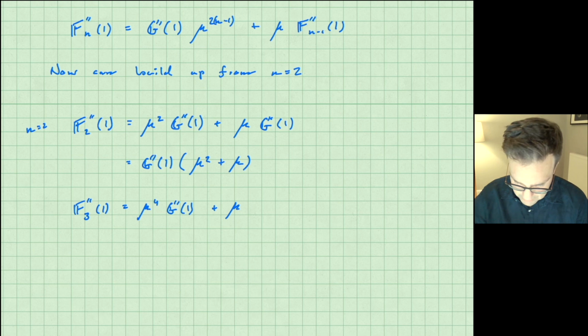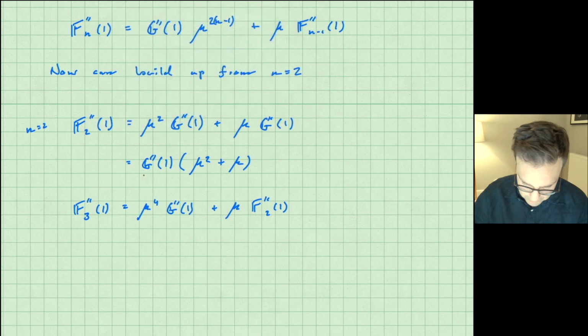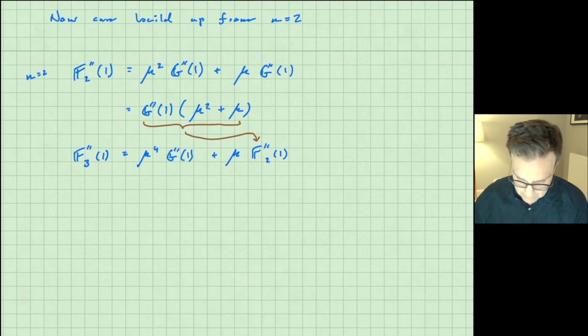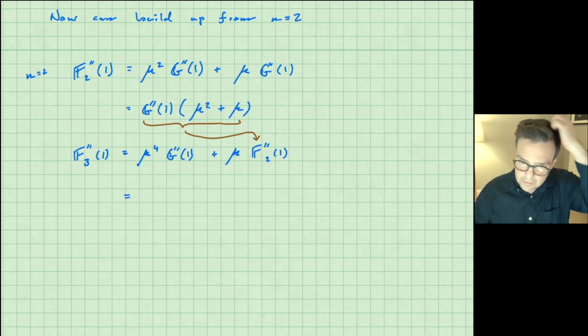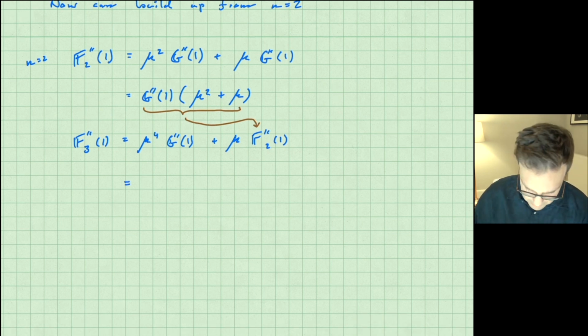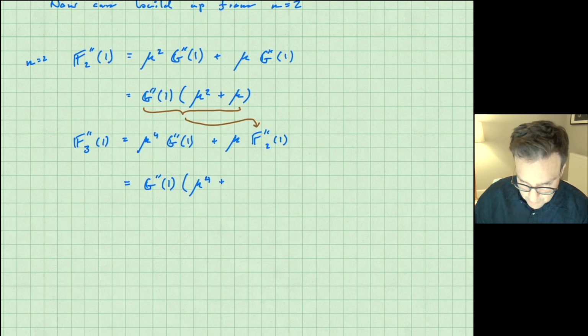So I've got f double prime of 2 evaluated at 1, and we're going to substitute this into there. You can probably just see the result. We're going to get g double prime of 1 multiplying the following quantity: mu to the 4th plus mu to the 3rd plus mu squared.